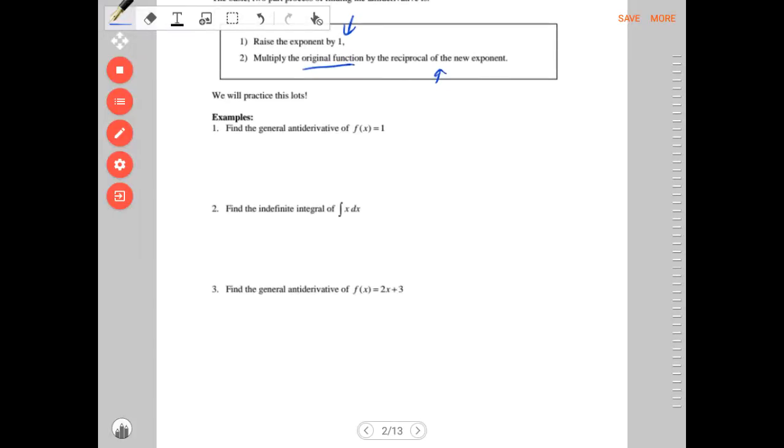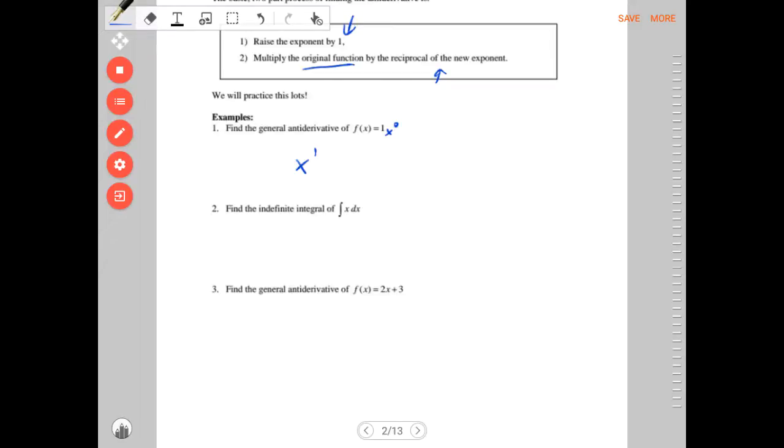Okay, so find the general antiderivative of f of x equals 1. Well, this one's almost too easy to start with, but that's okay. Anyways, please understand that there's an x to the 0 here. So we're going to raise the exponent by 1, so that's going to be x to the 1, and then we multiply by the reciprocal of that exponent.